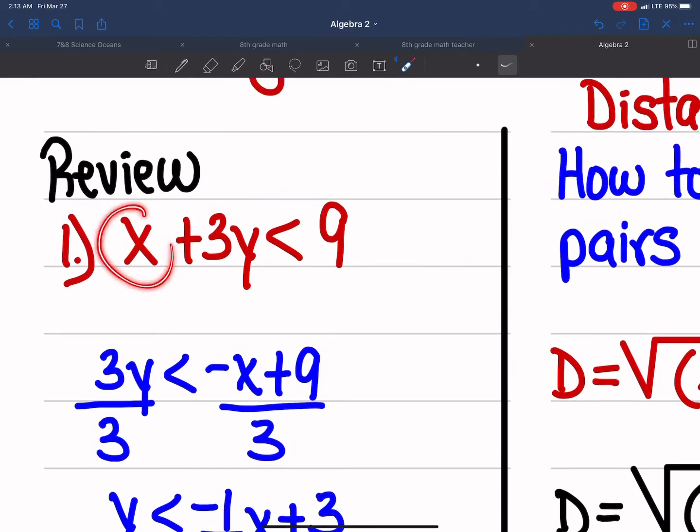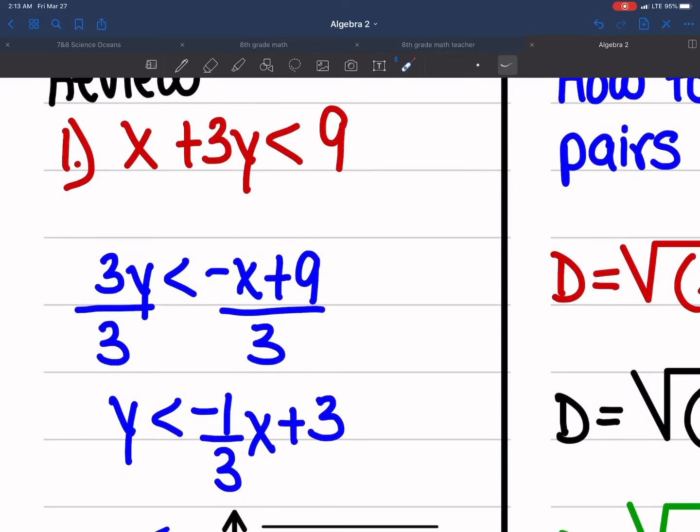So we're going to move the x over to the other side. That's going to change its sign to negative. So we're going to be left with 3y is less than negative x plus 9. Then we're going to divide by 3 so that we can isolate the variable, dividing the entire expression on this side by 3.